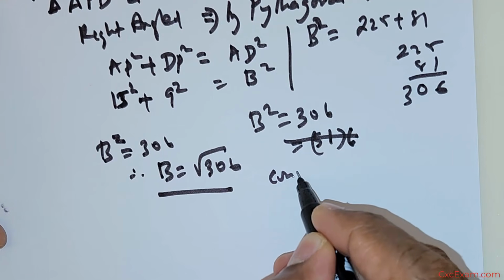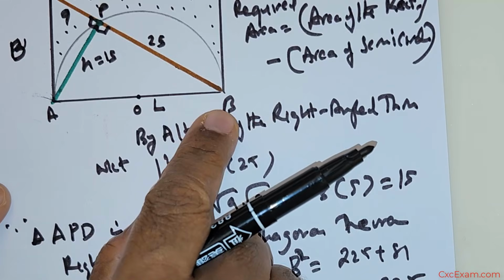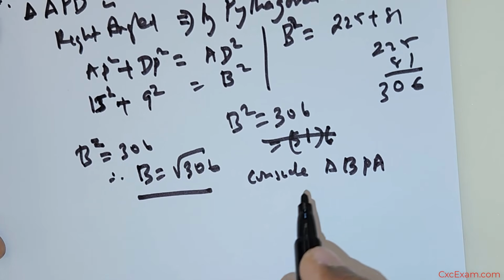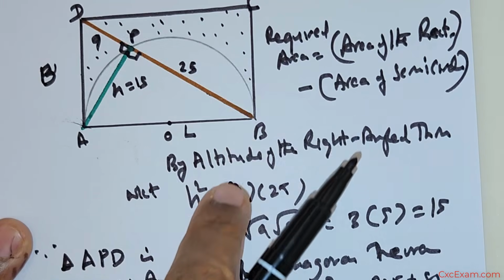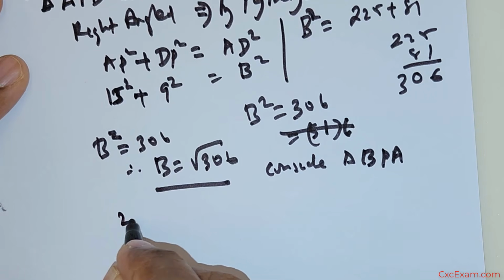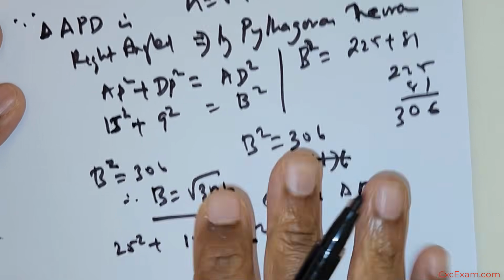Again we will consider the triangle. This is 90 degrees, right? So triangle BPA is considered. By Pythagoras, this squared plus this squared is equal to length squared. So you have 25 squared plus 13 squared is equal to L squared.